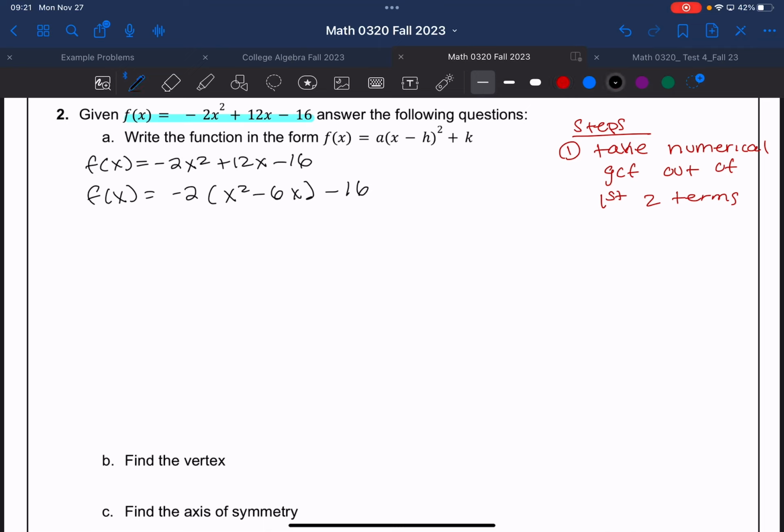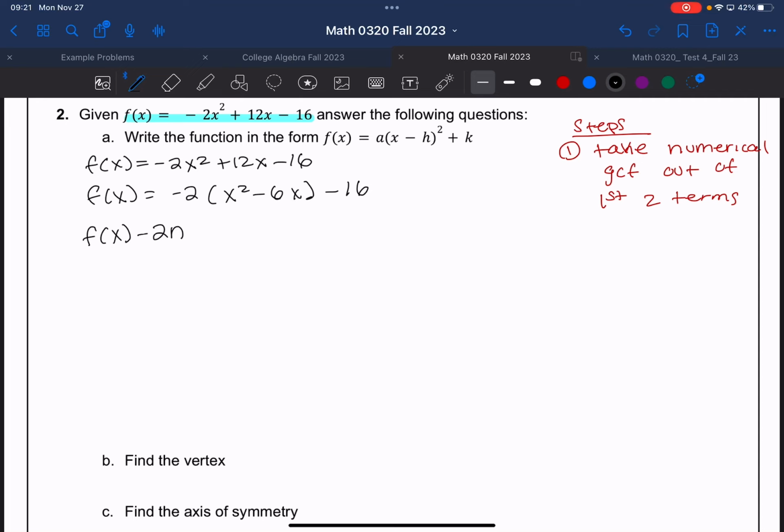So I'm going to first rewrite this equation with n. So I have f of x, okay, minus 2n. Why am I writing minus 2n and not just minus n? Yeah, because I took out a numerical GCF of -2.